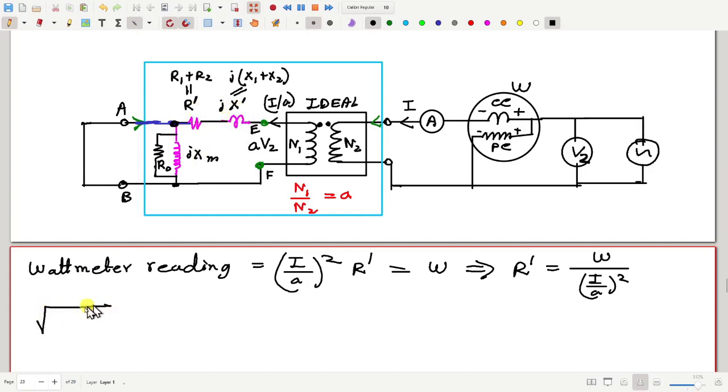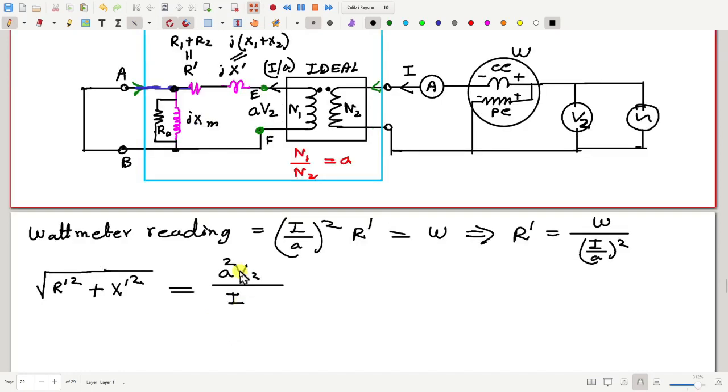That means the impedance, square root of R prime squared plus X prime squared, should be equal to this voltage AV2 divided by I by A. Now V2 is known, I is known, so our right hand side is known.